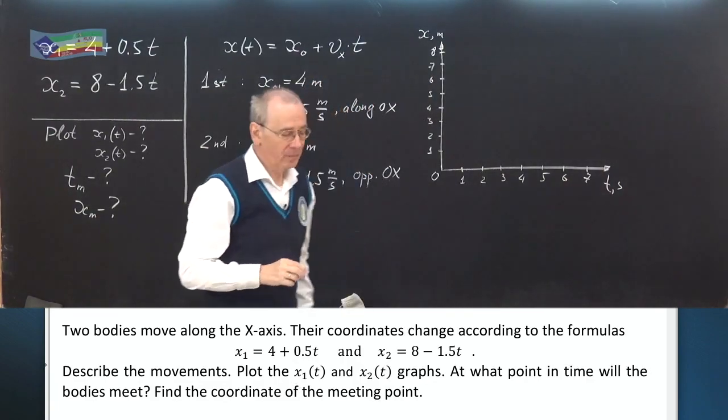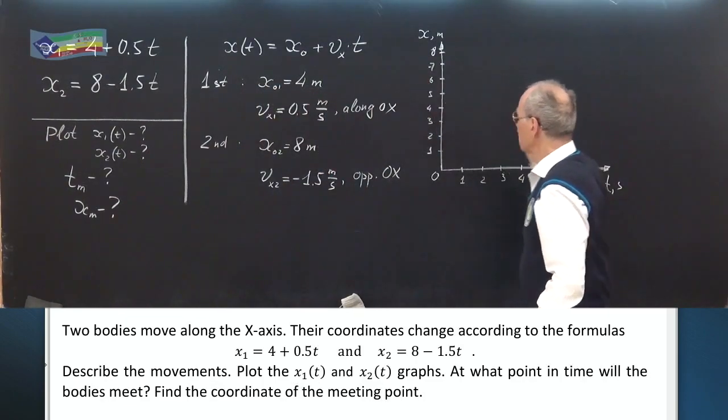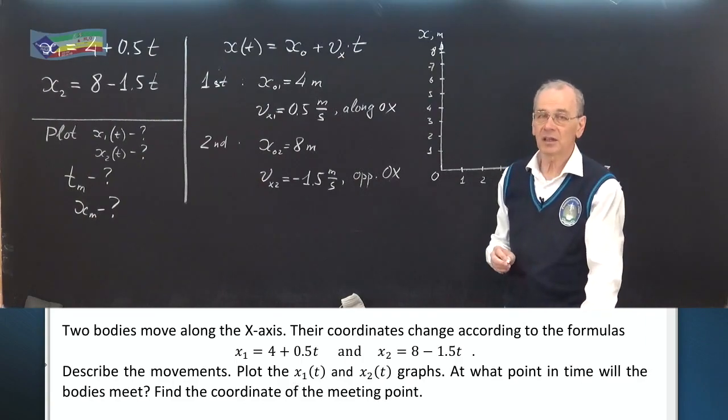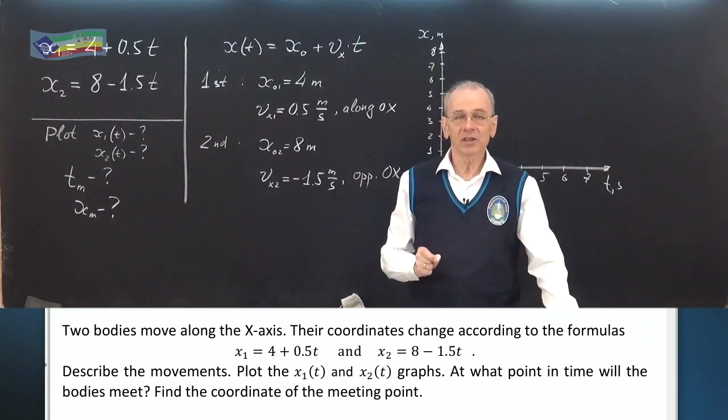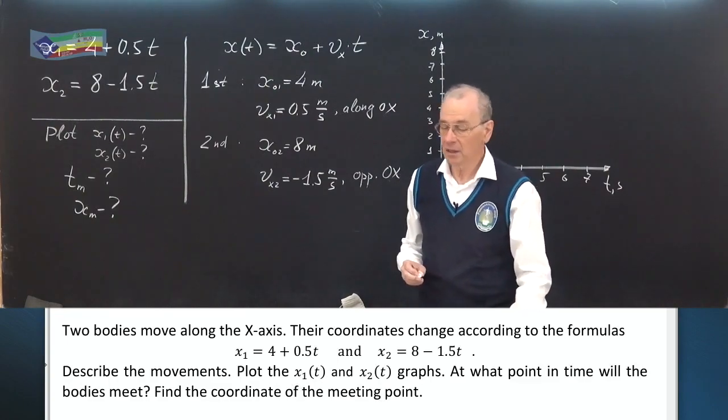The graph which describes uniform motion, coordinate versus time, is a straight line. To plot a straight line, we need 2 points of this line.